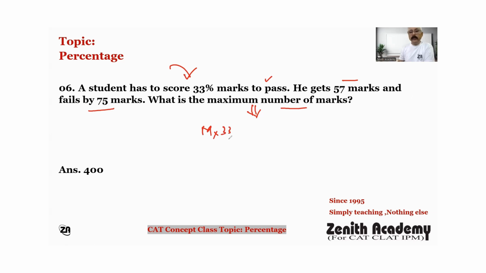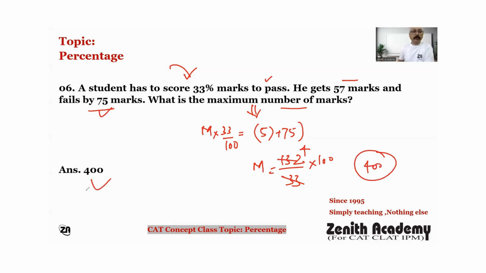So 33% of the maximum score is equal to, he got 57 marks but failed by 75 marks, means 57 plus 75 is equal to 33% of the maximum marks. So this is 132 upon 33 into 100. Answer is 400.